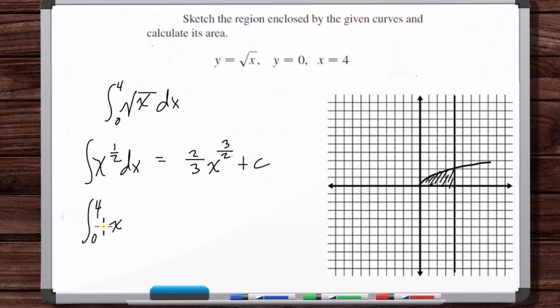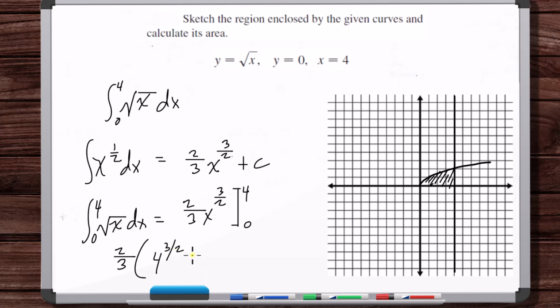This is 2/3 x to the 3/2, and then from 4 to 0. So we've got 2/3 and then 4 to the 3/2 minus 0 to the 3/2. So that's it. Okay, so you've got 4 cubed square root.